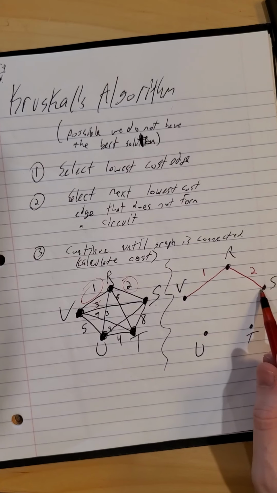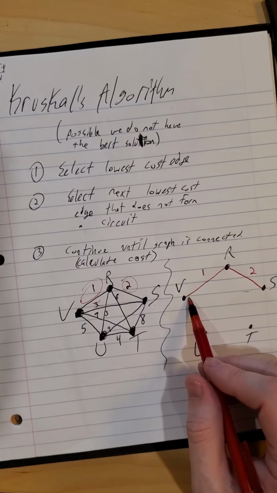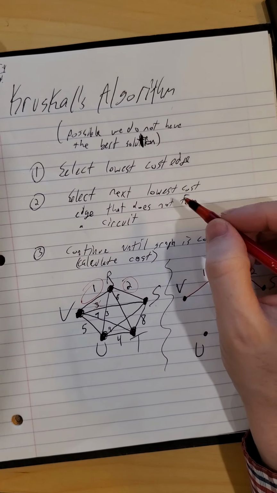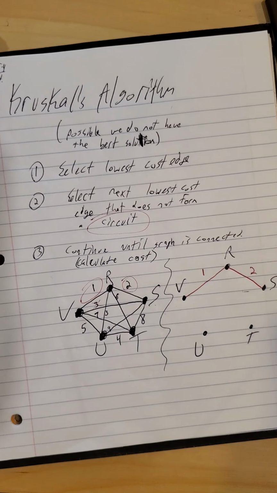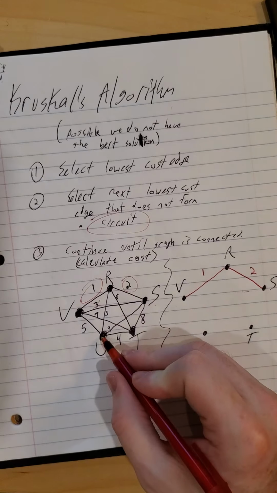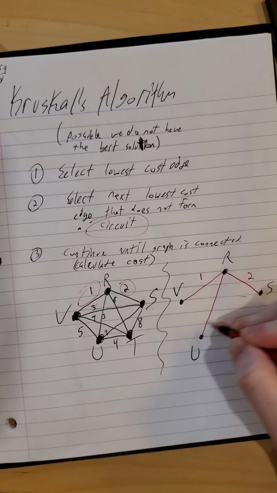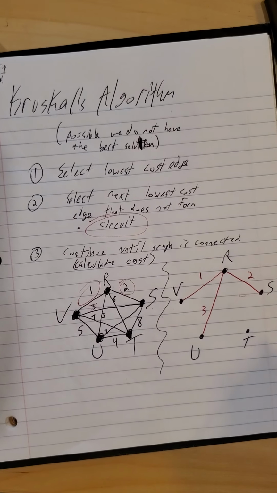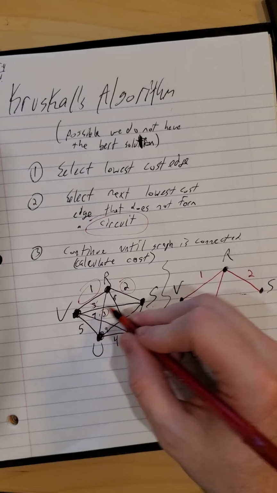The reason being is, if I do choose that one, I've made a circuit. Our direction said, do not form a circuit. So I don't want that 3. I do want this other 3. So RU will be put on there, and that's a 3. Okay, so we use that one.